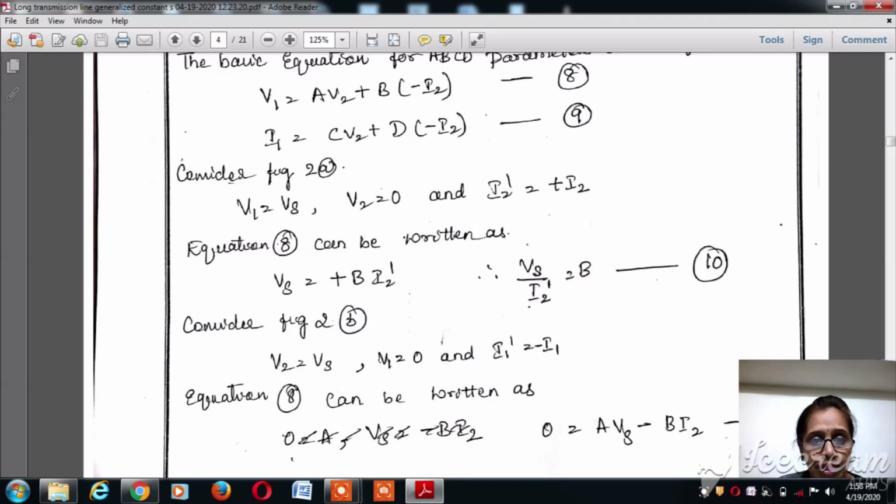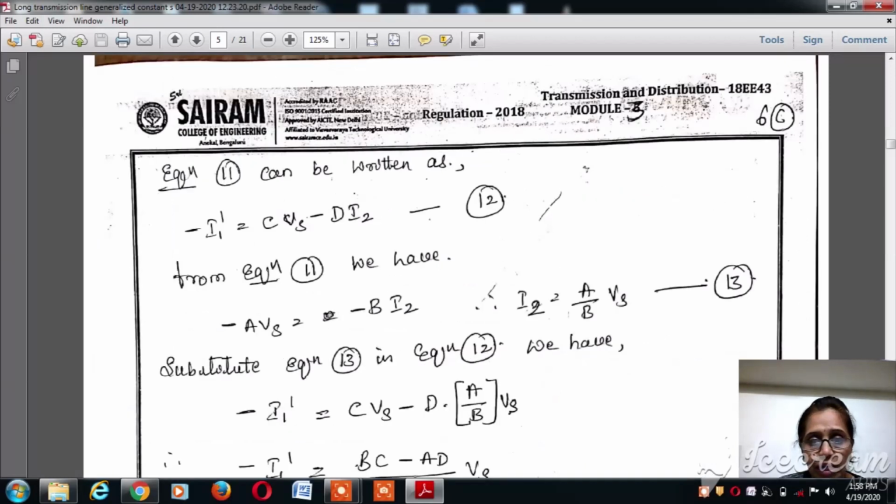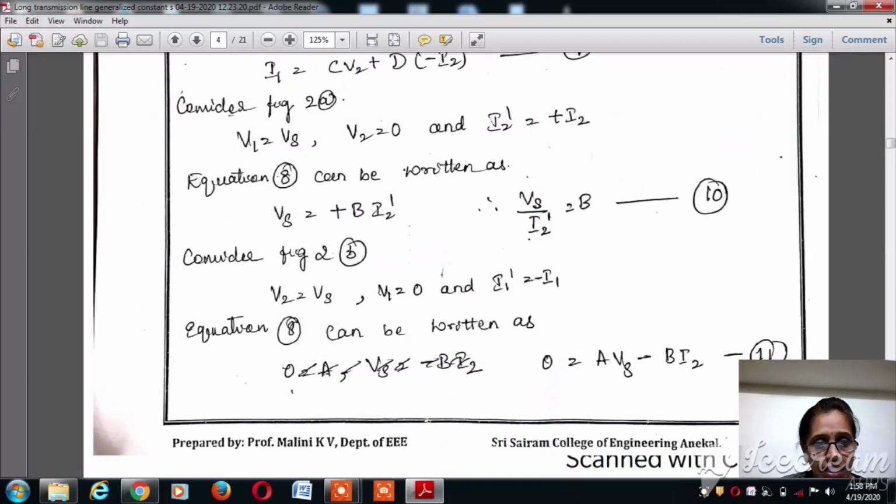So Vs divided by I2 dash is equal to B. That is equation 10.